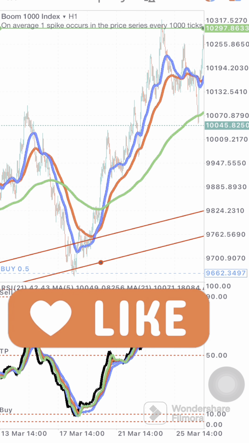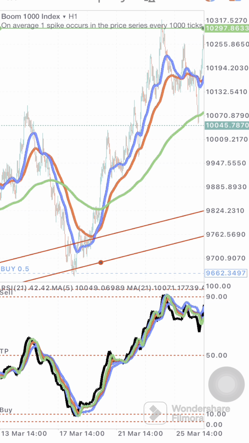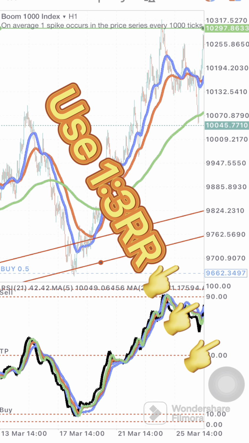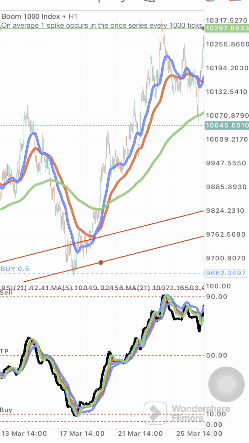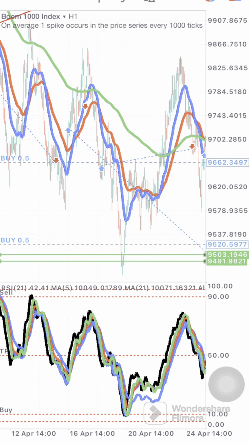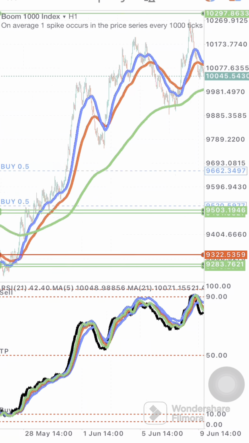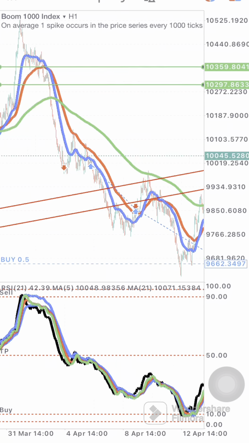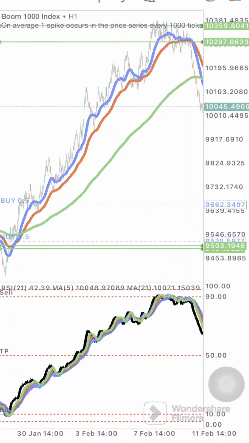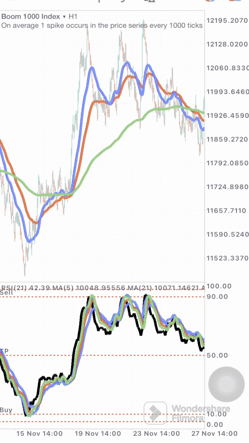Number 3, make sure in your money management rule you use 1:3 RR, which means 1:3 risk to reward, in order for you to get what you want from the market. Make sure you use 1:3 risk to reward, which is the main risk to reward used to trade this awesome Boom&Crash spike strategy.